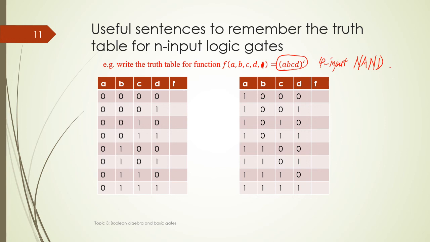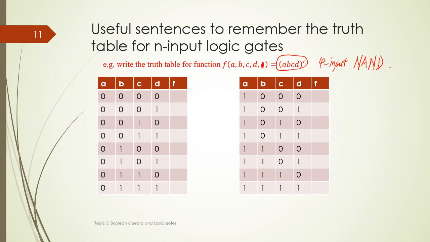So if we go back to see the sentence, I just memorized it. For the n input NAND gate, the statement is that the output will be 0 only when all inputs are 1.